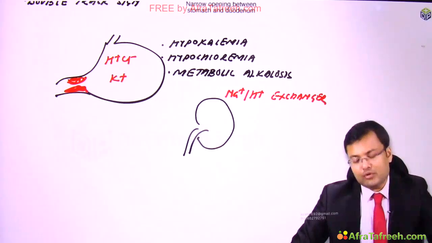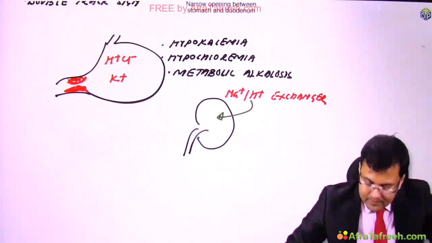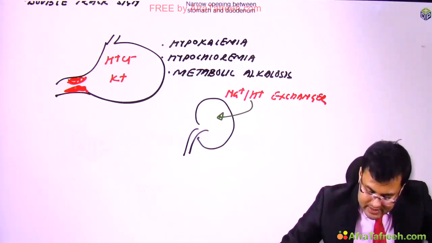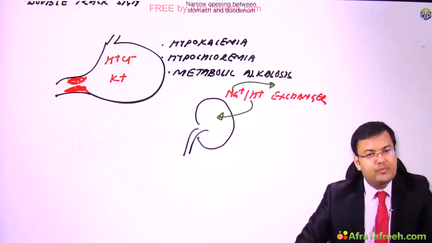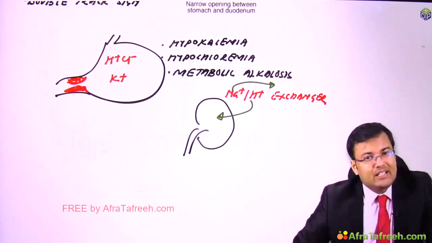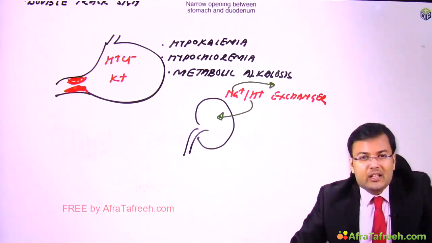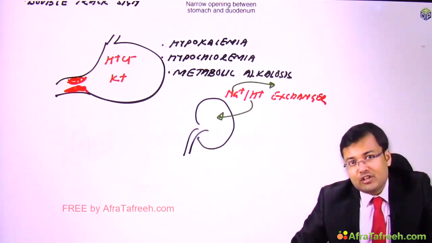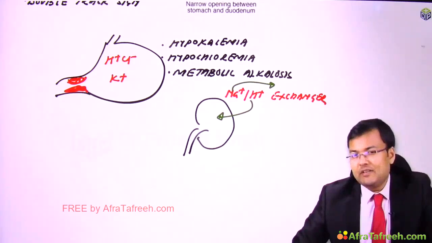There is loss of protons in vomitus, so the kidney tries to preserve H+ and starts excreting sodium. But in severe cases, since there is loss of sodium in urine, sodium takes too much water also. So there is loss of water and sodium, and the body goes into a state of hypovolemia and hyponatremia.